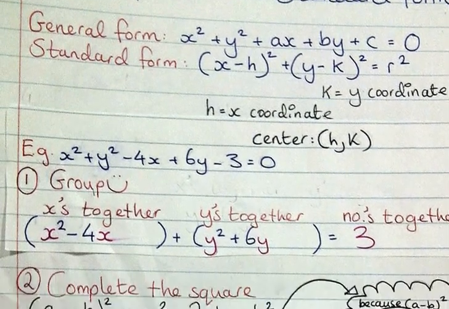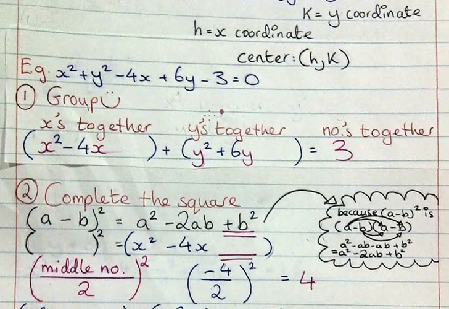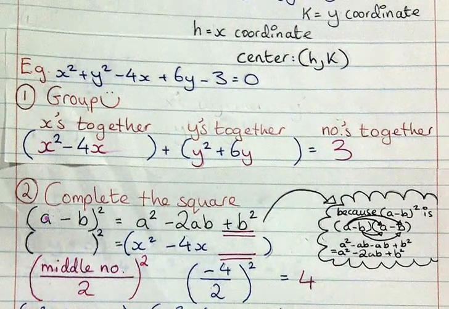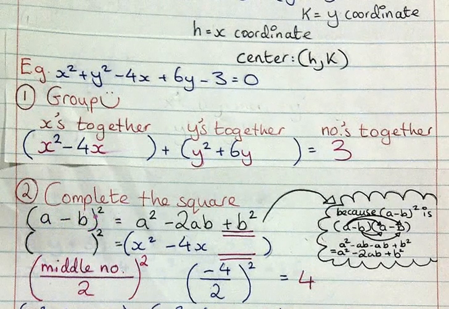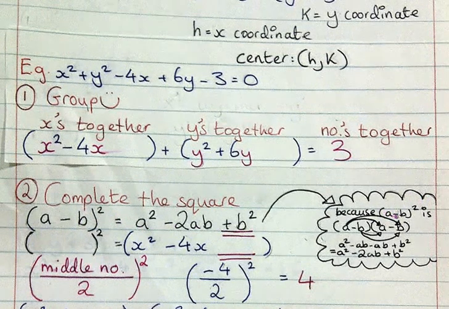Next step is to complete the square. Okay, so look at this right here. We have (a minus b) squared, okay? Remember this? This ends up being like this because (a minus b) squared is this times itself.